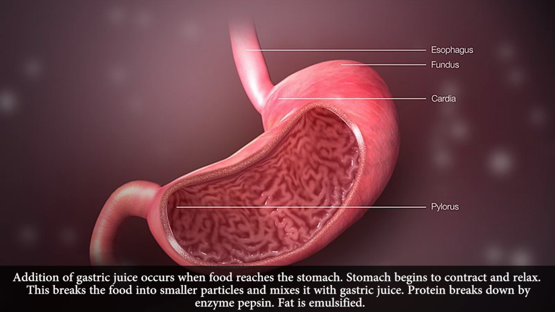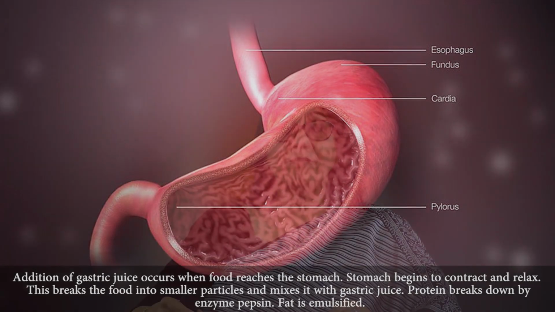These gastric juices contain enzymes which break down the complex substances. Here in the stomach, there are specific enzymes which are present, which we will look at once we move ahead. One of the enzymes for the breakdown of protein is pepsin. Even fat is emulsified here.